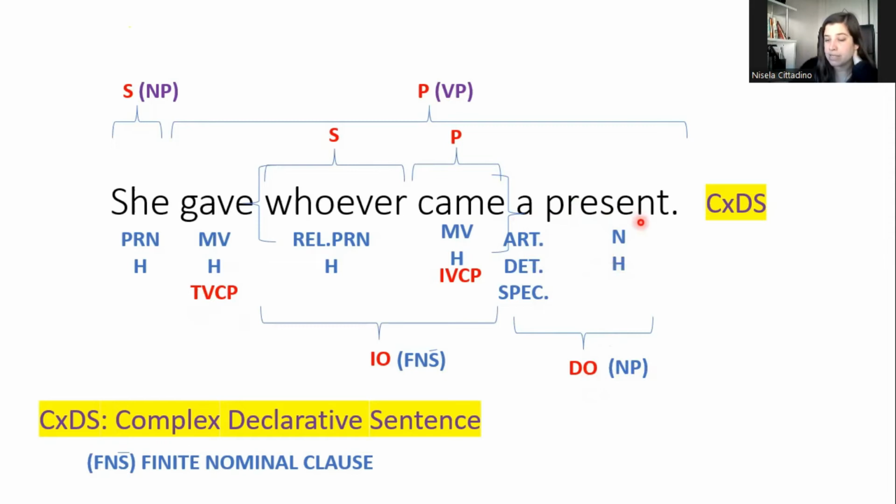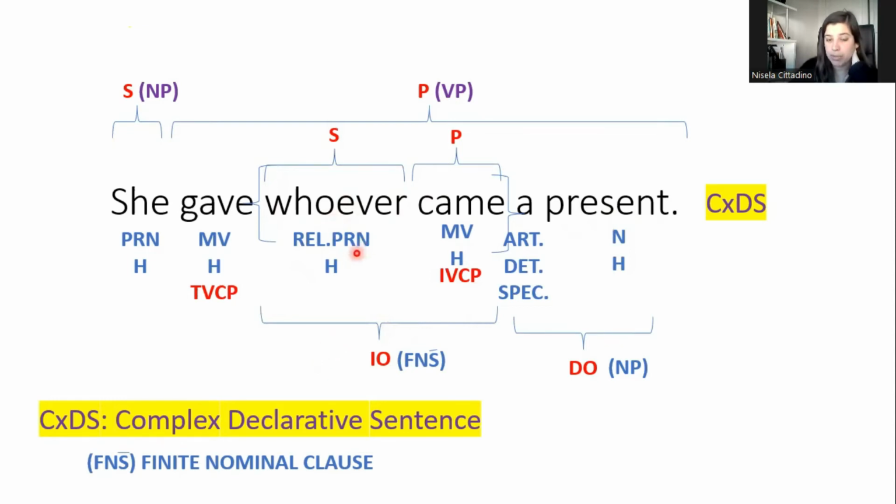Now, she gave a present to whom? To whoever came. The answer to this is to whoever came. That means that this is the indirect object of the sentence: whoever came.